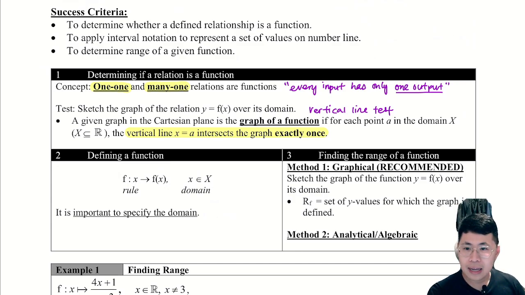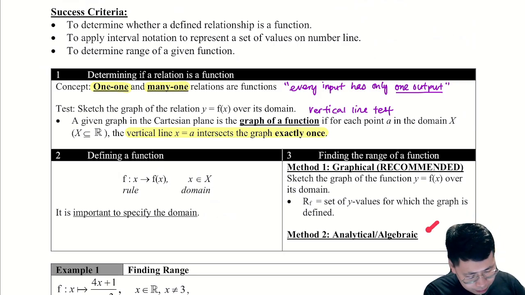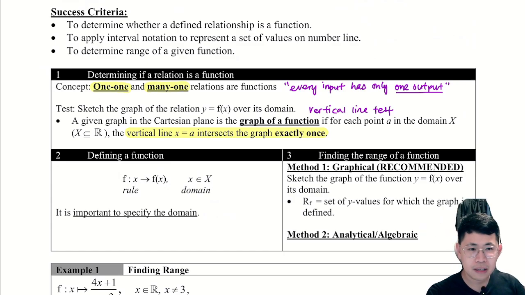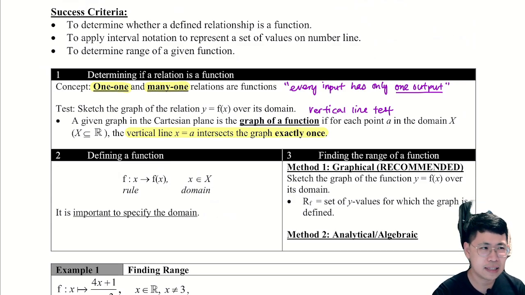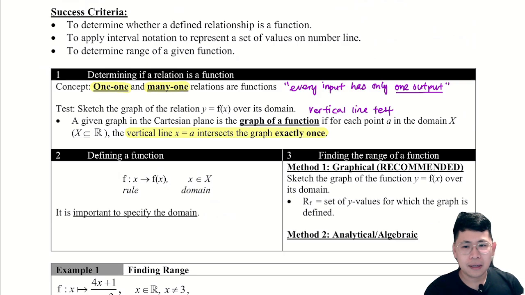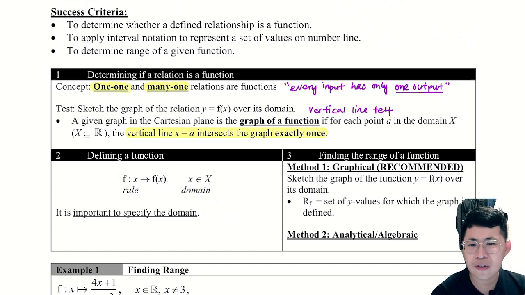Next, in order to find the range of the function, we have different methods. The analytical or algebraic method is something you can cover in university, but it's not really recommended here, because there may be logical gaps if you just apply it directly, and you need to be very strong to know the mappings of the different functions.